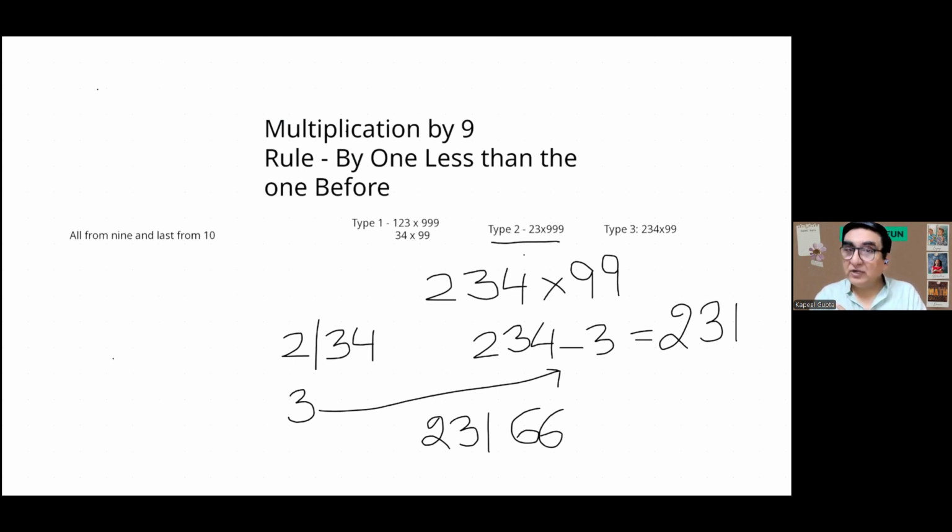So I got 231. I copied this 231 here. And then I found the complement of 34. Yes, the right hand side part. So that becomes 66 because 9 minus 3, 6, 10 minus 4, 6. And yes, I have the answer.